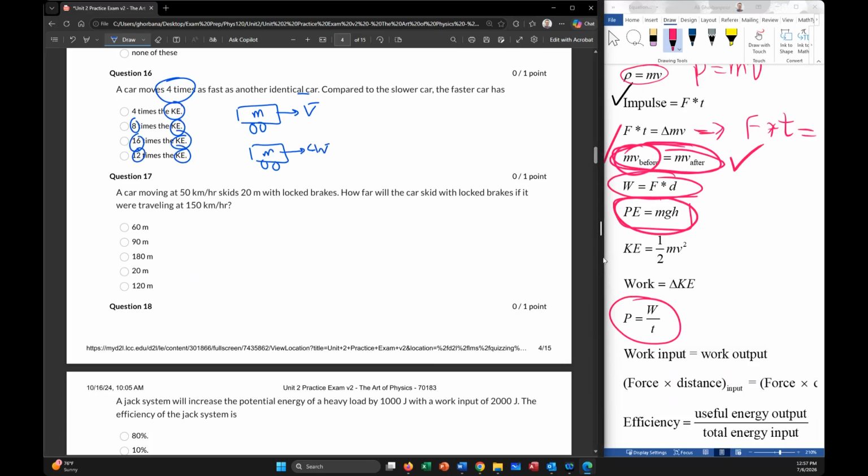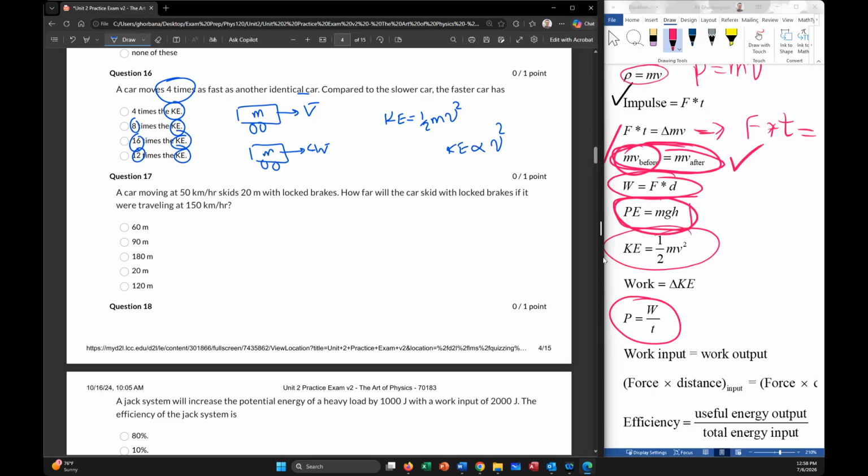What is the kinetic energy formula? Kinetic energy formula is 1 over 2 mass velocity squared. You see how kinetic energy changes with the velocity: it changes with velocity squared. It means that if you double the velocity, kinetic energy will be 4 times.